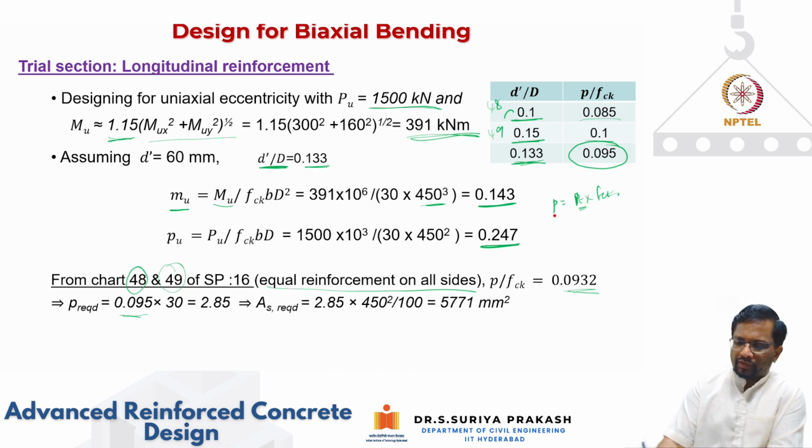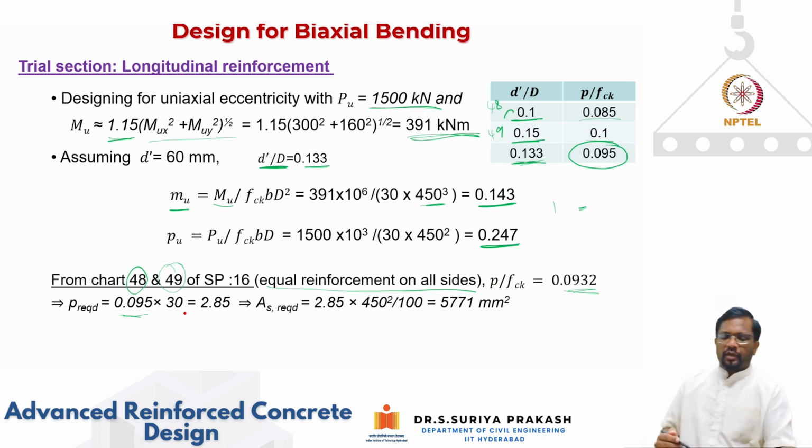We got the small p, or in other words, this ratio P by FCK is this. So P is 0.0932 multiplied by 30. I'm slightly rounding off 0.0932 to 0.095. So the rho required is 2.85 percentage.